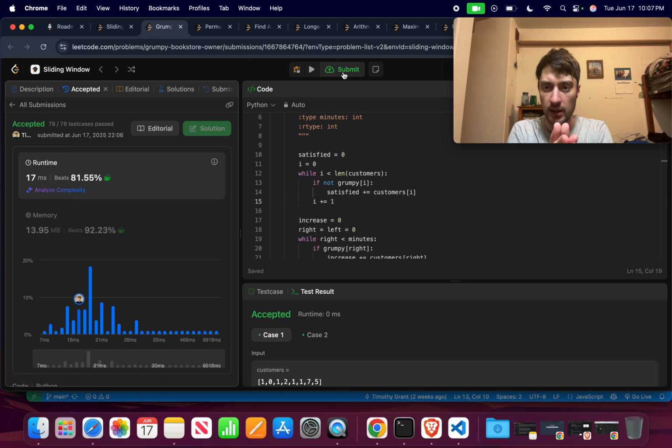I had a way of understanding and conceptualizing about what element I'm adding into my rolling sum, what element I'm taking out of my rolling sum. And I knew to even think about it in that way, because previously I was doing things like, oh, I remember I need to do like this, I need to do it like that, and I didn't have an organized way of understanding the problem itself.